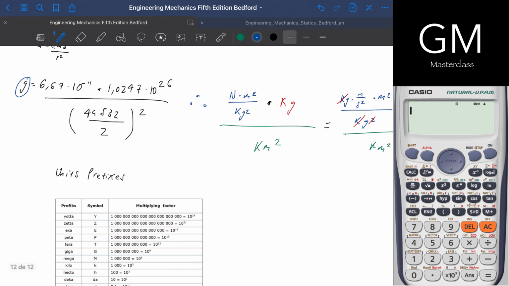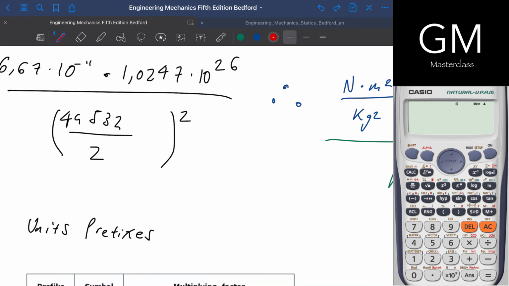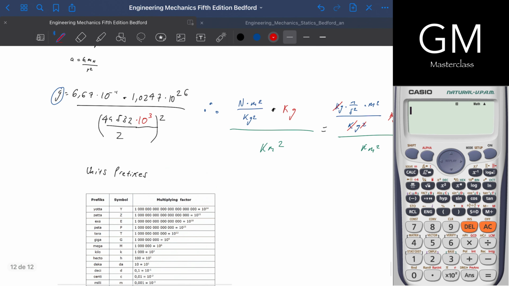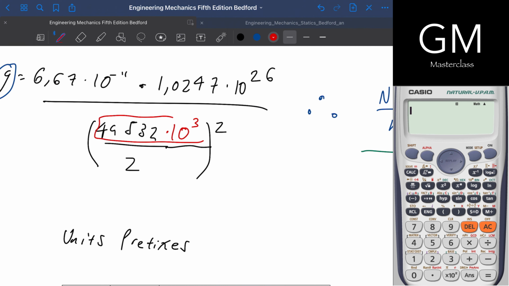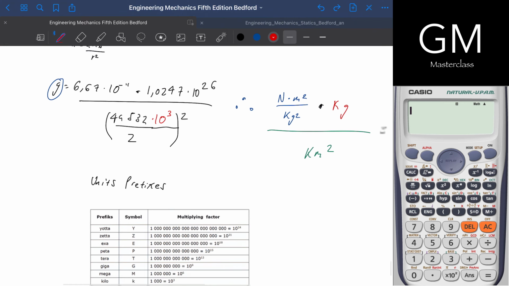So I gotta multiply this by 10 to the third power for it to stop being kilometers and start being just meters.